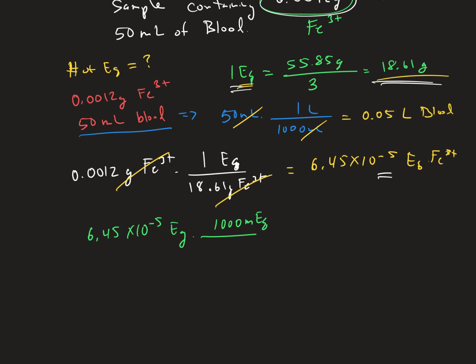It's the same thing, to 1 equivalent. Equivalent goes away, and now we have 0.0645 milliequivalents. And if we want to go to micro, then it's 64.5 microequivalents, right? Okay.